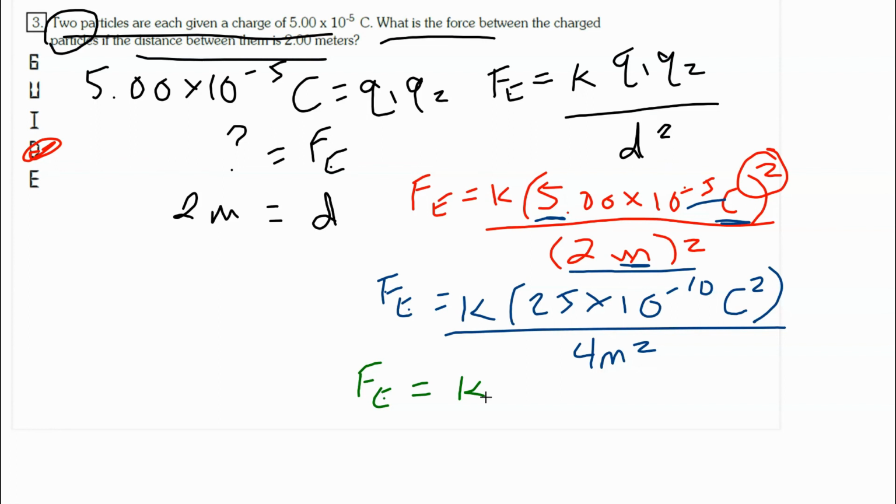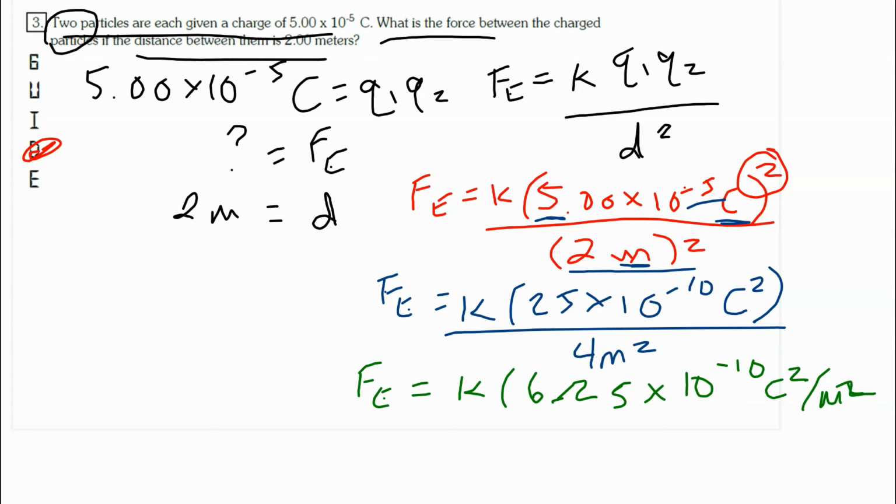And that will be divided by 4. My calculator spits out that that is 6.25, wow, quite the decimal, times 10 to the negative 10 coulombs squared per meter squared. Remember, what you do to the numbers, you also do to the quantities, the units right there.